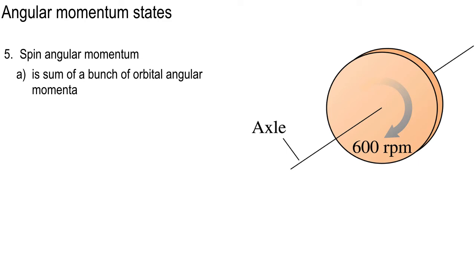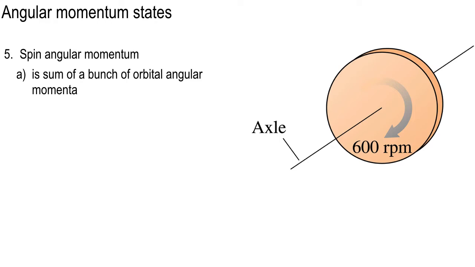We're going to break up a solid object mentally into a bunch of little pixels. For every pixel in this disk, every gram of mass, break up the thing into a zillion little grams of mass, however many there are in the object, and then it's going around in a circle, around an axis.